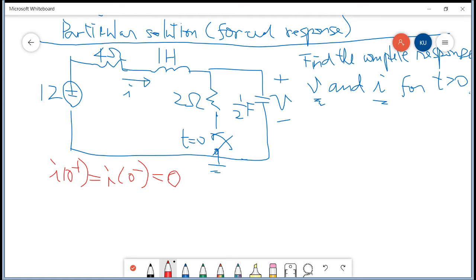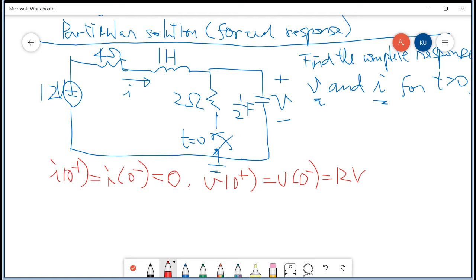And V(0+) is actually continuous, and because the current I is 0, this is 12 volts. So this node is 12 volts, so this is 12 volts.